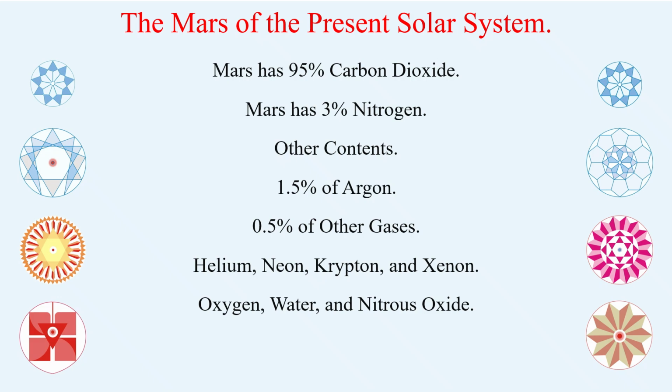An entire periodic table of 18 groups centers around argon only, because argon has 18 protons as such, and 22 neutrons, as argon 40. Then other gases, again helium, neon, krypton, xenon, along with argon. Then you have oxygen, water, nitrous oxide, and of course carbon dioxide continues to be there.